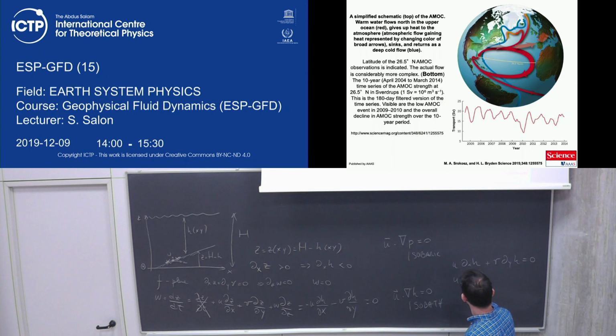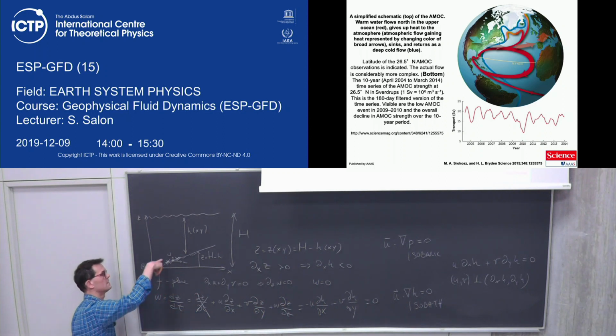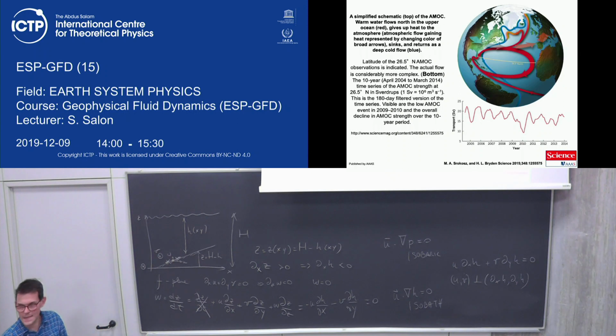So U, V must be perpendicular to the xh, the yh. Okay? So we will have that the V velocity will go inside the black body.